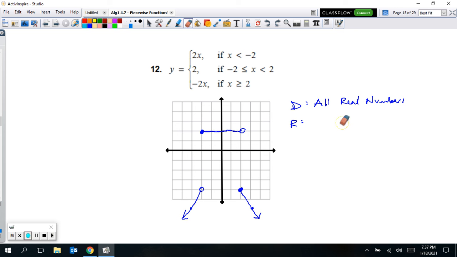The range is y equals 2, and y is less than or equal to negative 4, because we have the closed hole here at negative 4. So in those 2 places, that's where our range is. Alright, let's move on to our next part.